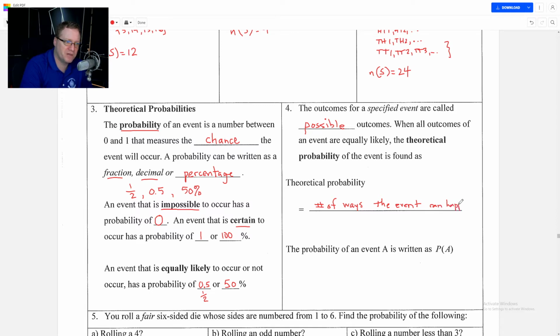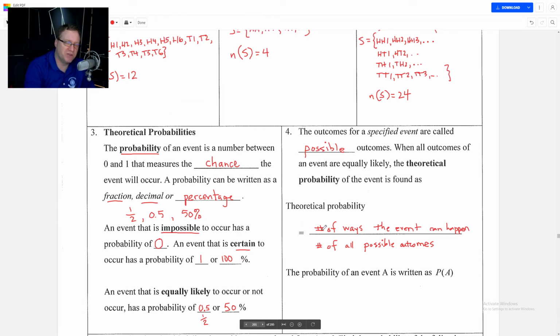Writing with my mouse takes so much time. I'm sorry, it takes me forever to write. Now, in a moment, we'll do some examples, so this will become a little bit more clear. Right now, you might be like, what does that mean? But you'll see in a moment.